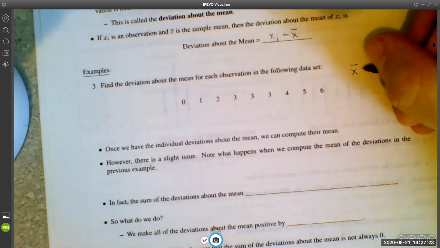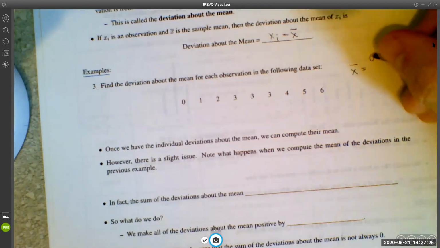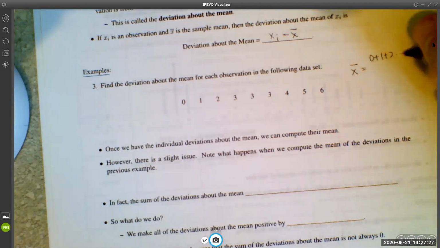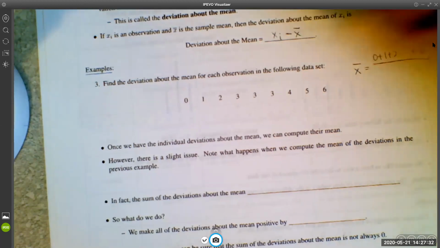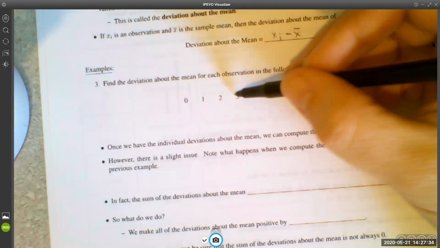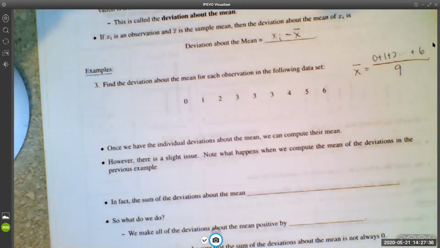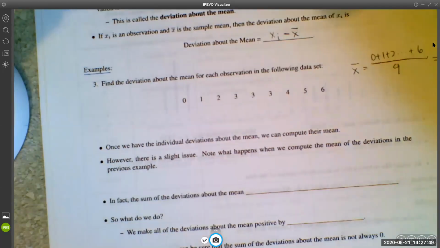So x bar is 0 plus 1 plus 2, all the way up to 6, divided by 1, 2, 3, 4, 5, 6, 7, 8, 9. And I think this mean is 3. Let's see, 1 plus 2 plus 3 plus 3 plus 3 plus 4 plus 5 plus 6, divided by 9 would be 3. So the sample mean is 3.